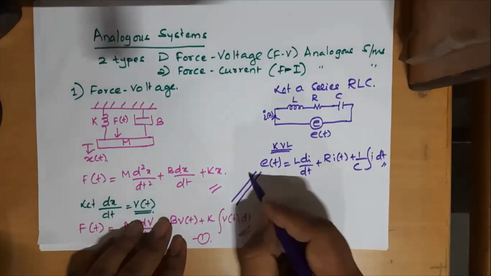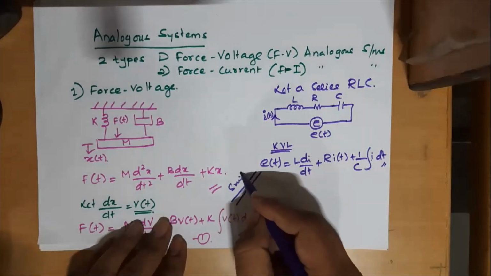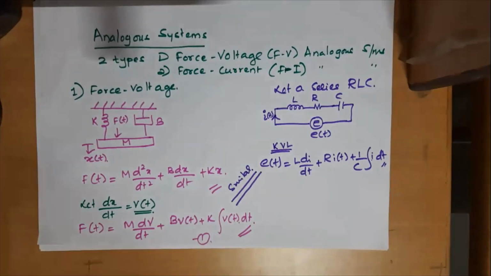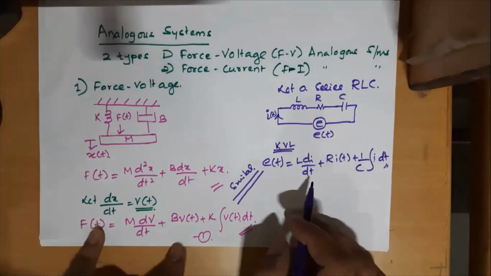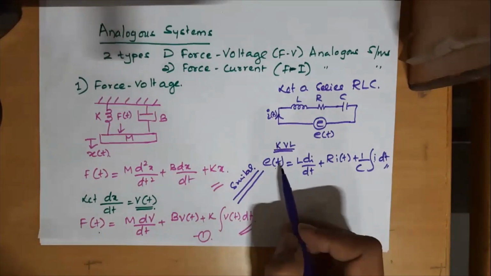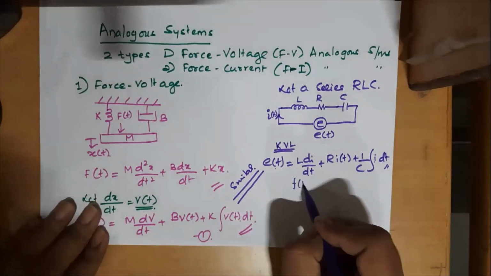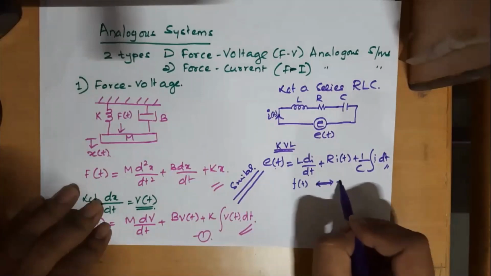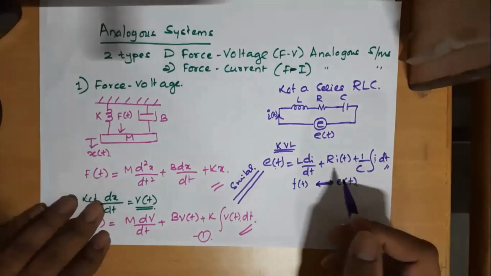If you compare these two mechanical and electrical equations, they look similar. They're not the same. We call it specifically analogous, similar. Compare element by element. F of t in the mechanical equation is equivalent to voltage E of t in the electrical circuit.